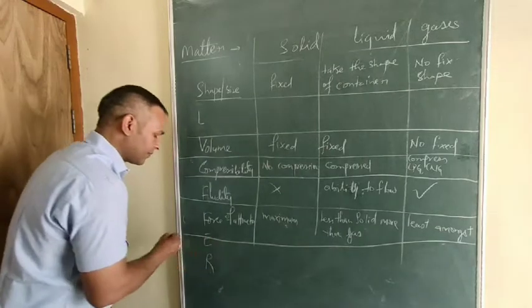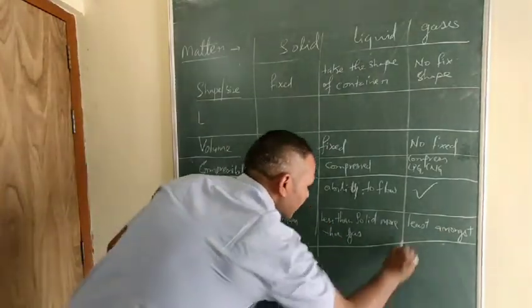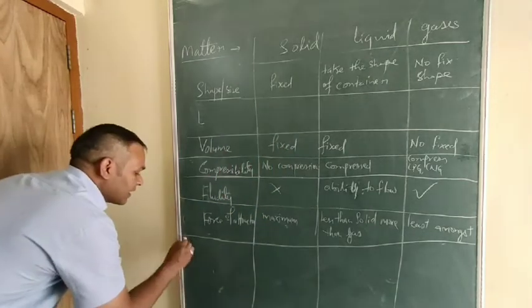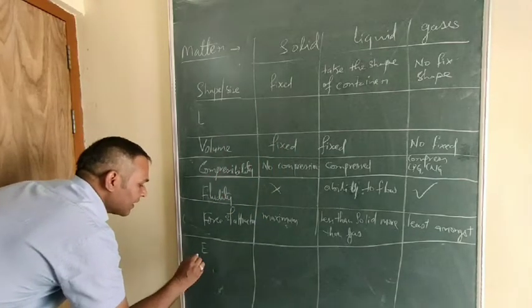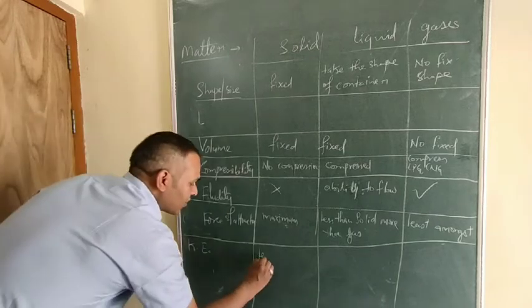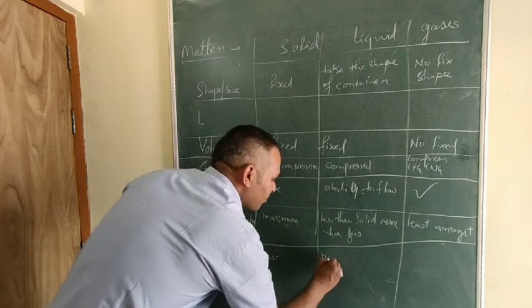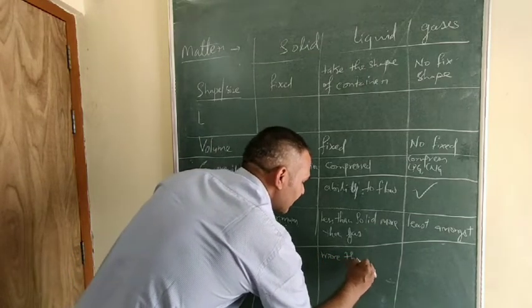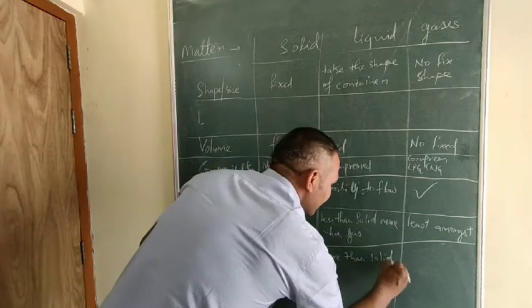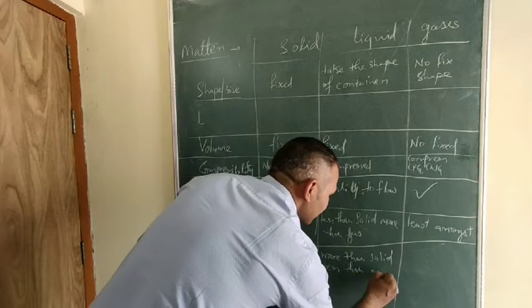फिर आगे चलते हैं. Next point, E for energy. Which energy? Kinetic energy. The solid have least kinetic energy. The liquid have more than solid and less than gas.